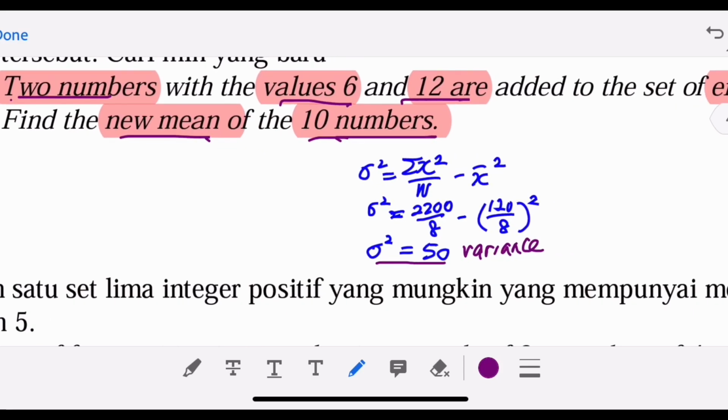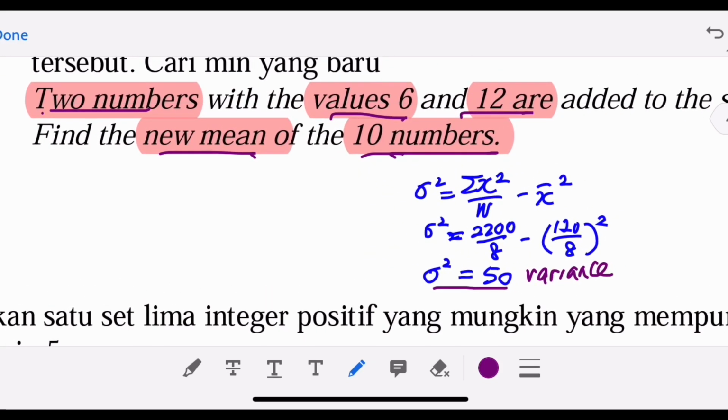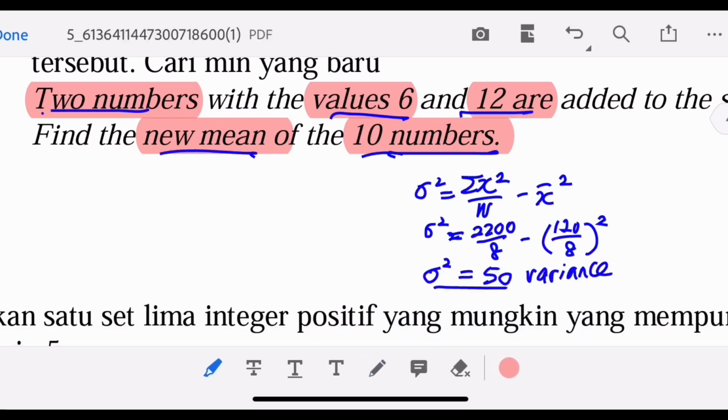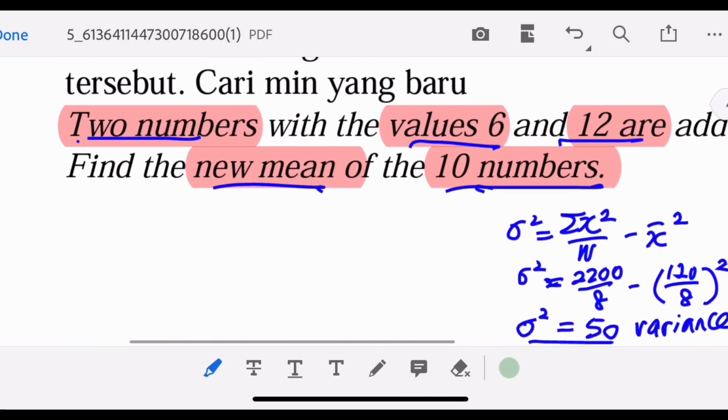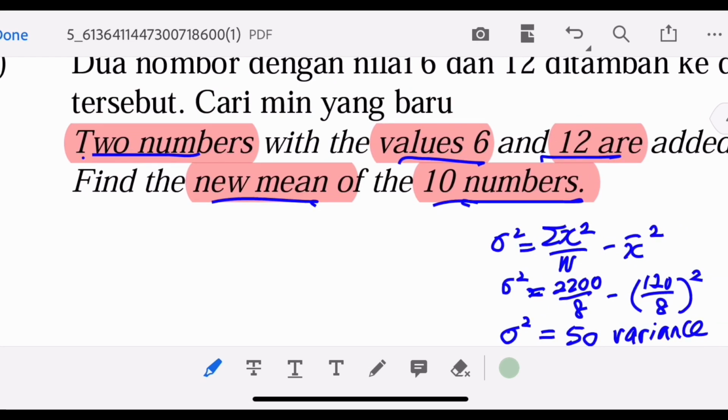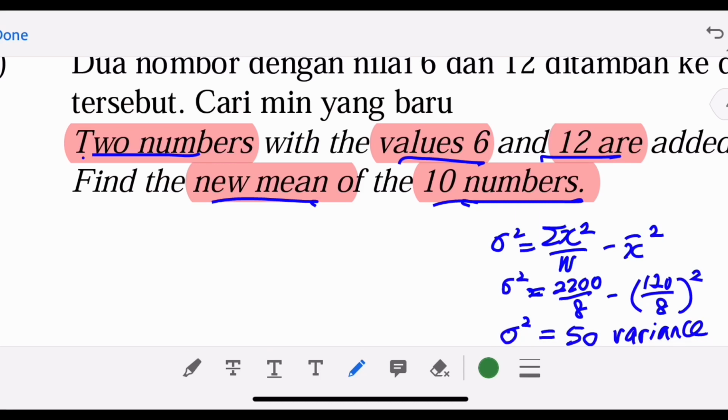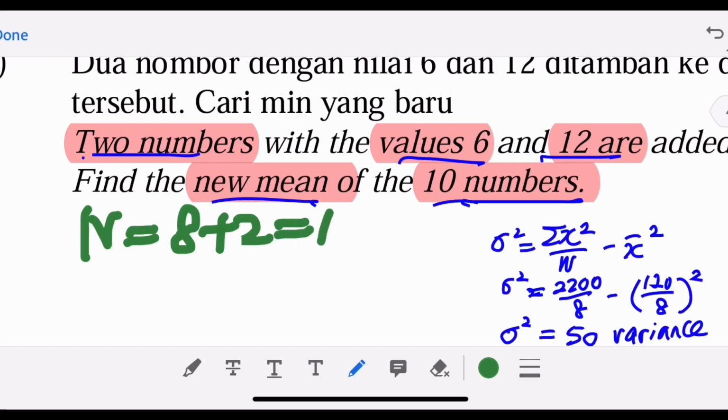So just now we have 8 numbers. The sum for the 8 numbers was given as 120, right? So if you want to find the new mean after adding the 2 values, 6 and 12, now the n becomes 10. Alright, the number of data becomes 10, which is 8 plus 2, and the sum of the data also increases.